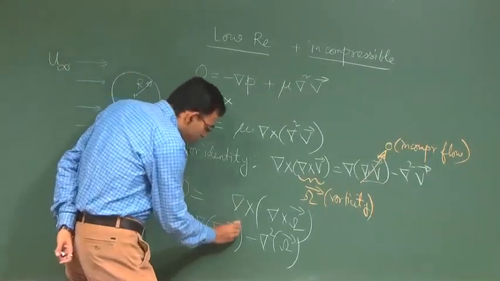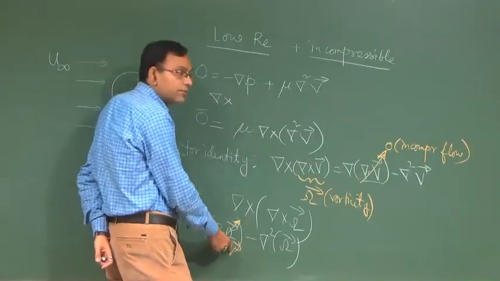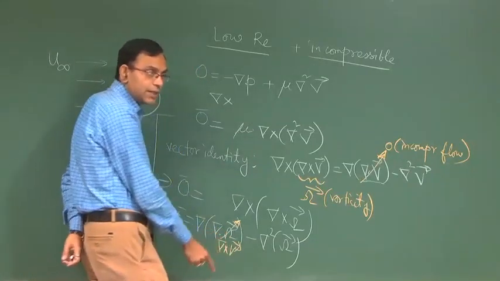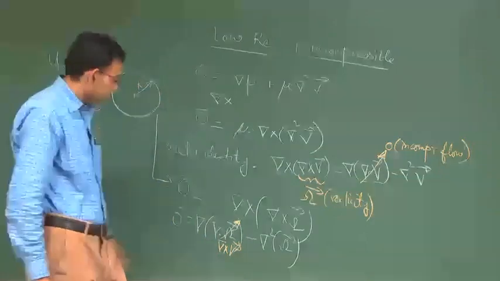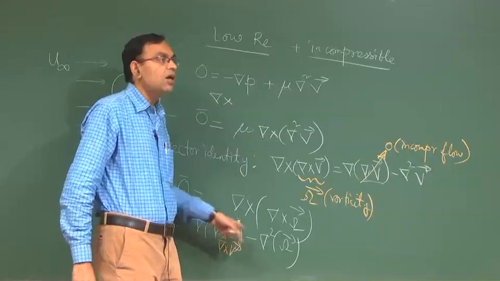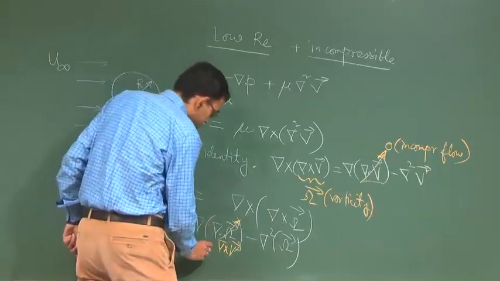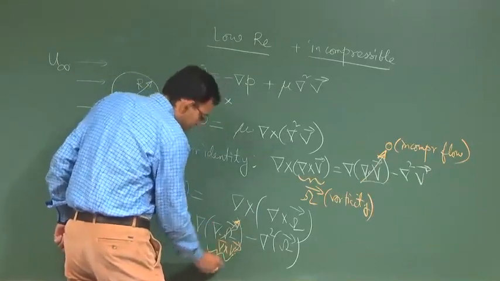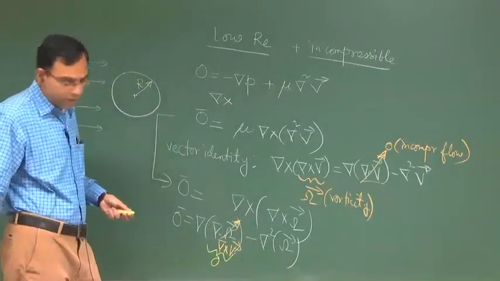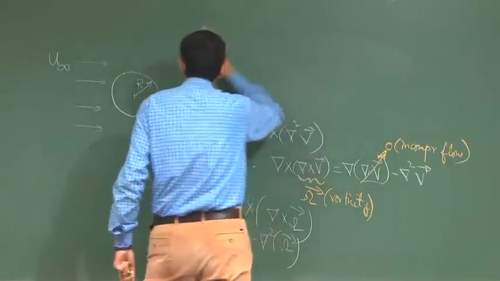And here you substitute omega as curl of V, and divergence of curl of a vector is also 0, right. So this is another vector identity, divergence of curl of any vector whatever the vector is. So this becomes, so our governing equation boils down to, now I will just erase everything to make some space.